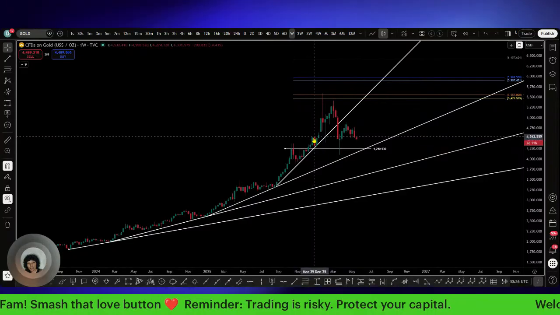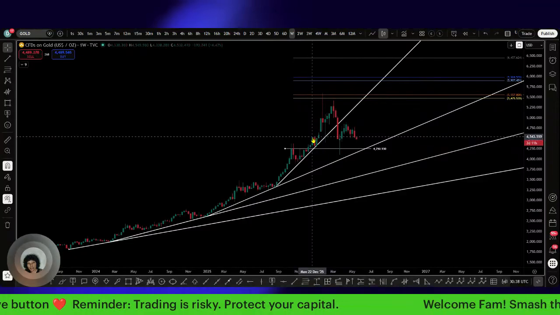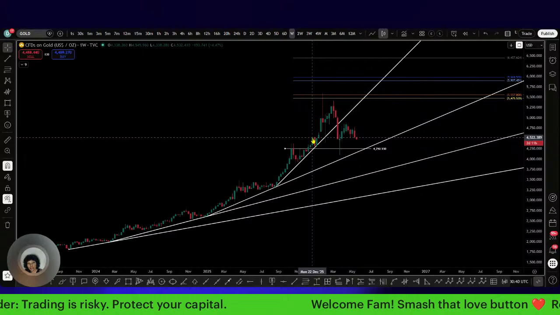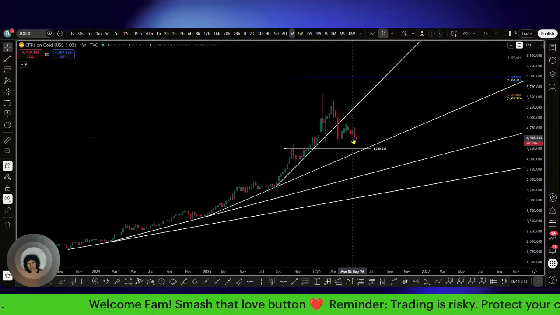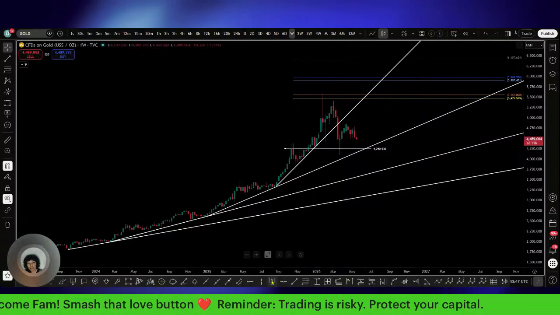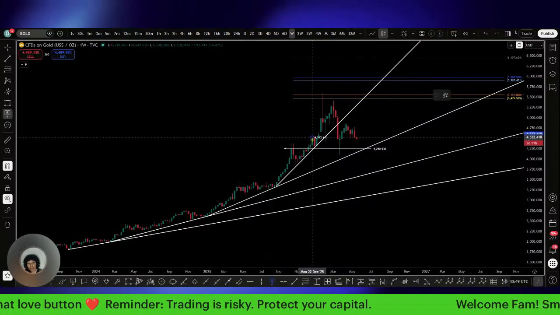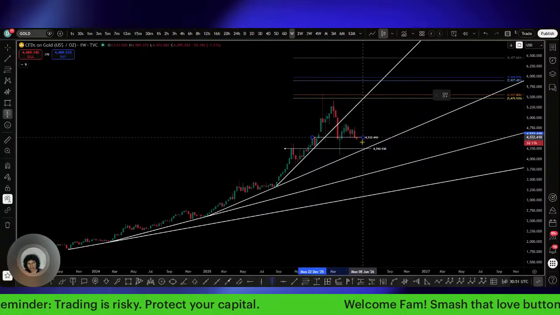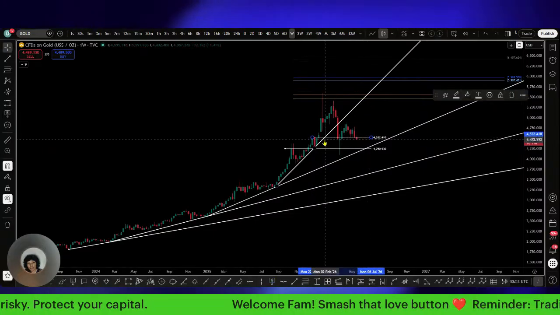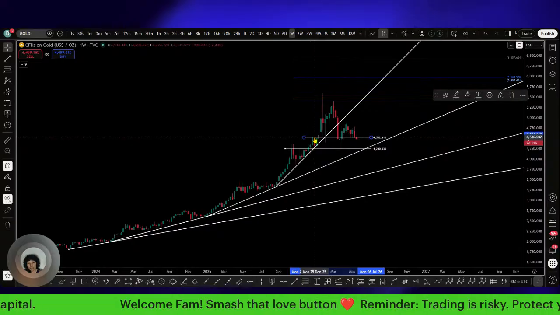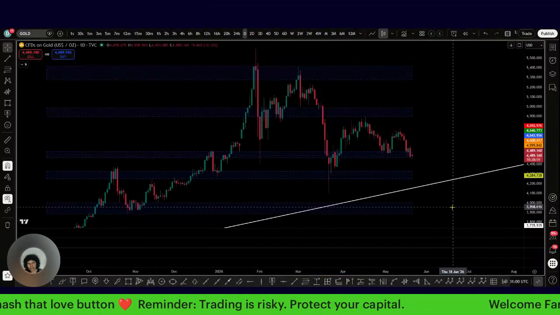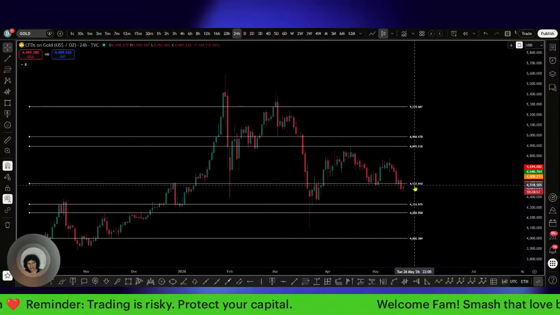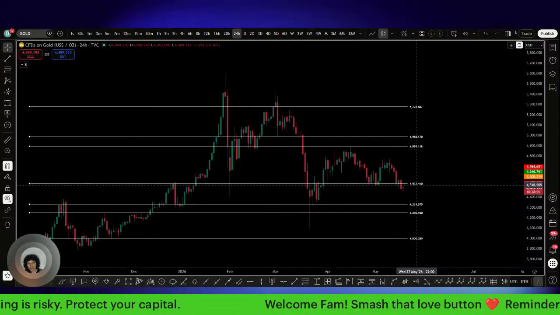Because this ain't working anymore right here. That's what we just broke down below. If you don't know that, it's this line right here, that 45.32. That's what we just broke down below.